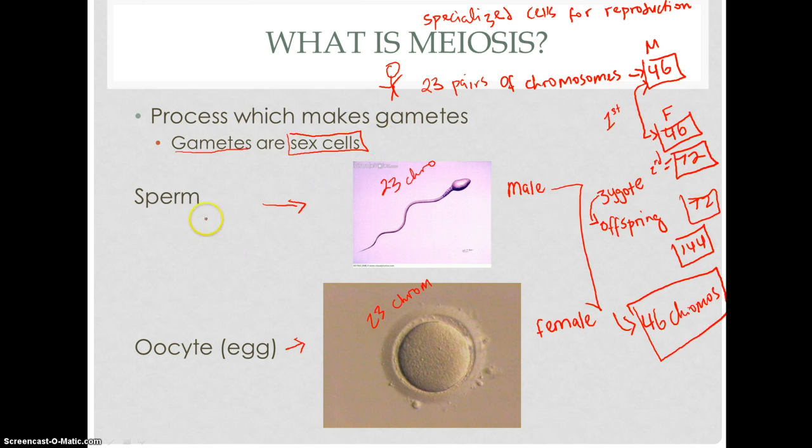What this means is that the sperm has 23 chromosomes rather than 46, and the egg has 23 chromosomes rather than 46. So when a male and female mate, we end up having 23 plus 23, which makes 46 chromosomes, which is the right number of chromosomes in the offspring. So that is the significance of meiosis.